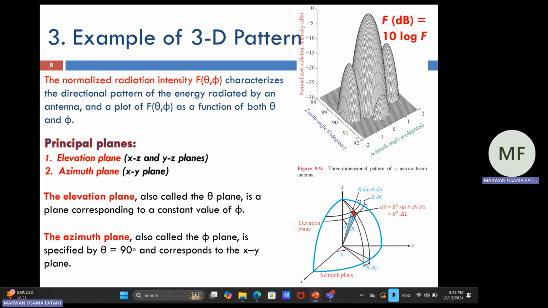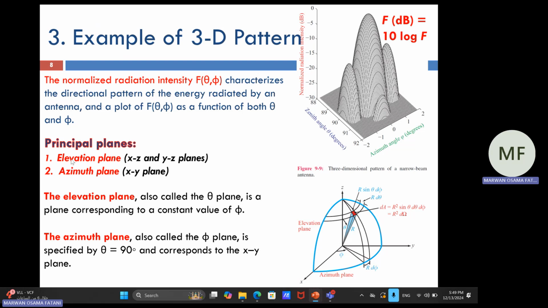And this is a 3D plot for the normalized radiation intensity in decibels. So as you can see, at different points, we have different zenith angles and different azimuth angles. In this plot right here, we have different radiation intensity, and so different power.